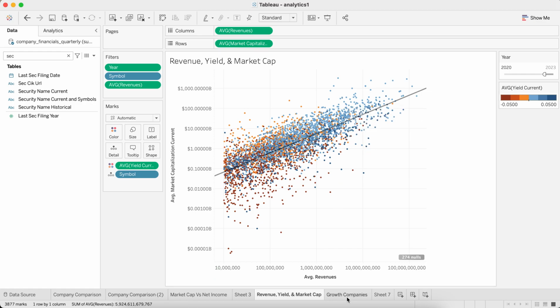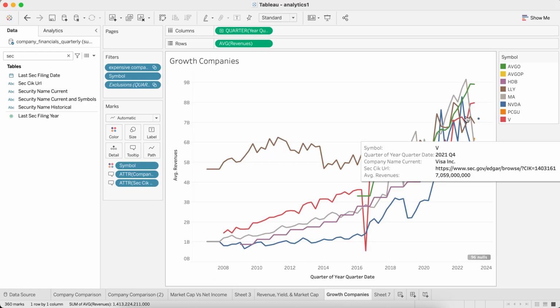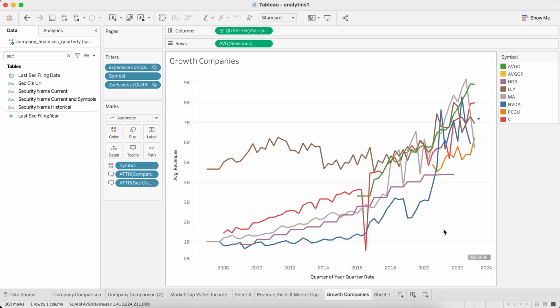When we zoomed into some of them, they all happened to also have a growth component, which explained the high valuations for those companies.